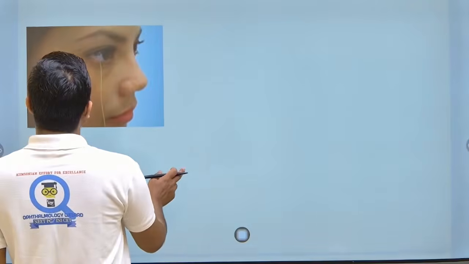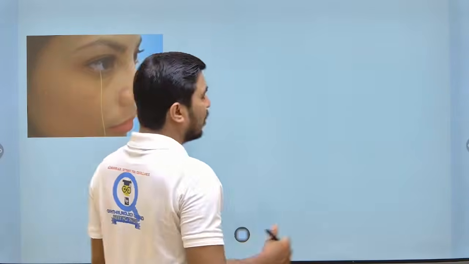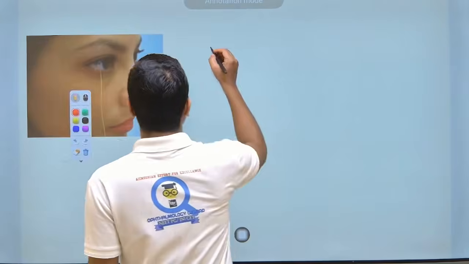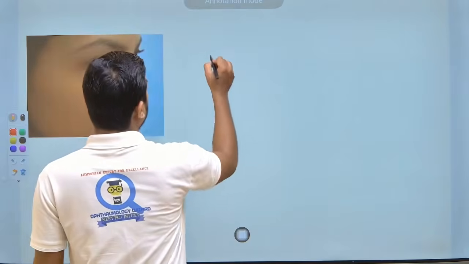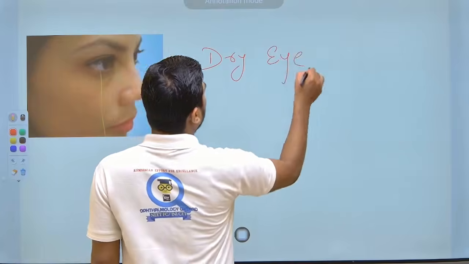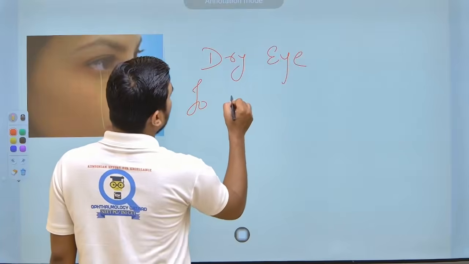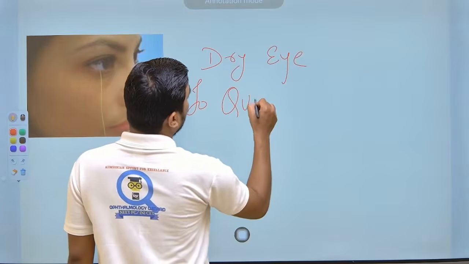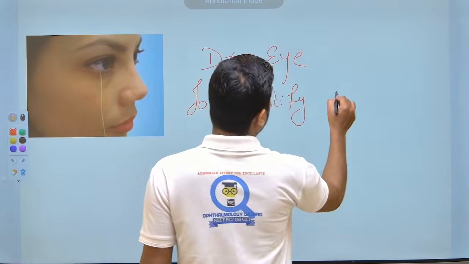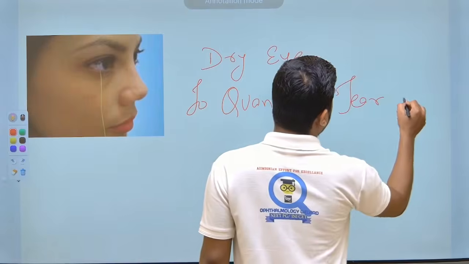Now what is this? What is this test done for? Again, a very important question that they have asked. This is done for dry eye, to quantify tear film.